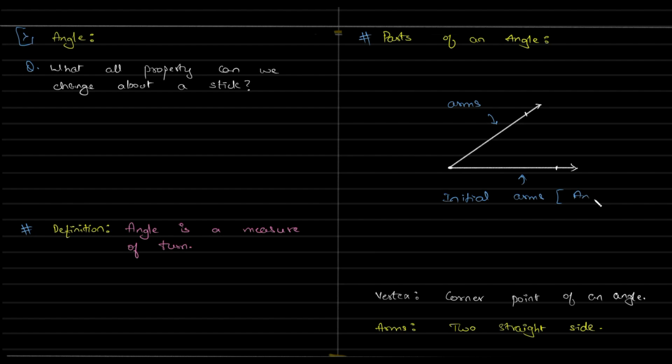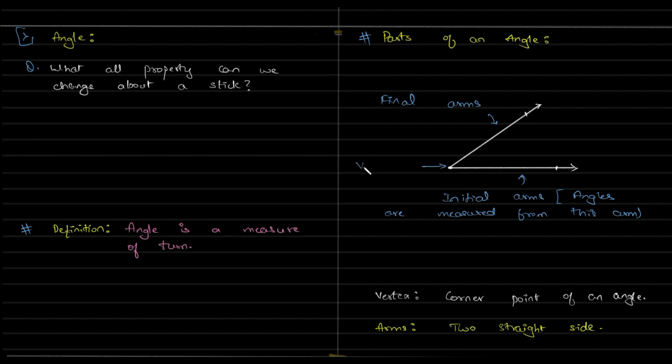You measure the angles from this point. So angles are measured from this arm. Then we have a final arm, which the line ends up with. This is where the line ended up. After this much of turn, it ended up over there.